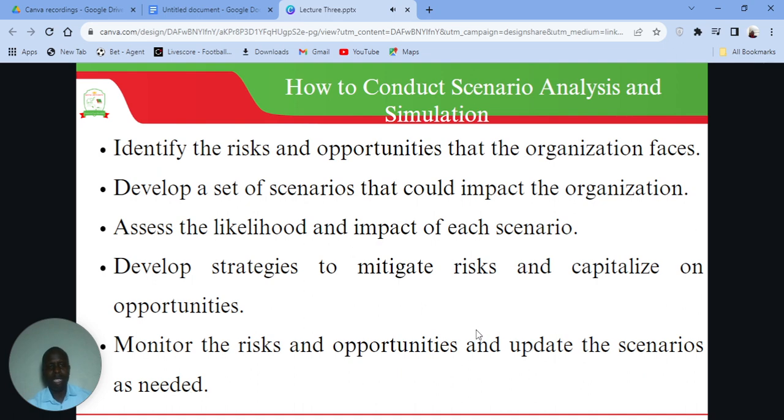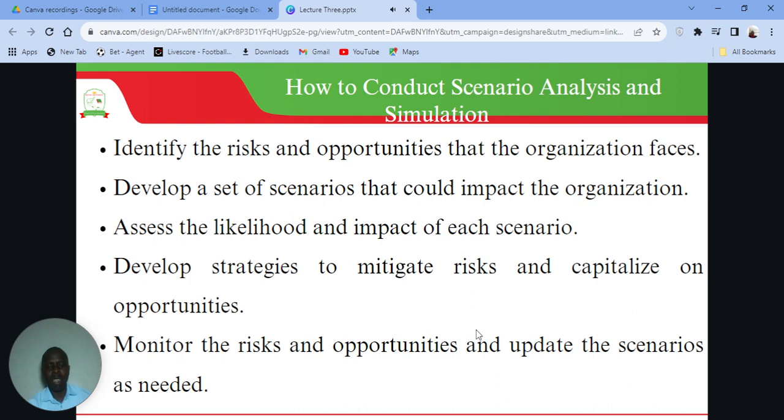The other one is to develop a set of scenarios that could impact the organization. These scenarios could also be assumptions. So we are coming up with scenarios to see the likelihood or the impact. The other one is to assess the likelihood and impact of each scenario.